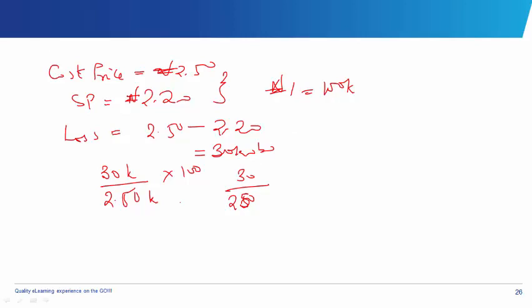So 250 kobo, then times 100. So this 0 will cancel this 0. 5 can divide 30, we have 6. 5 can divide 25, we have 5. 5 into this 1, 5 into this 2. 6 times 2 will now give us 12, which is 12%, and that is our percentage loss.